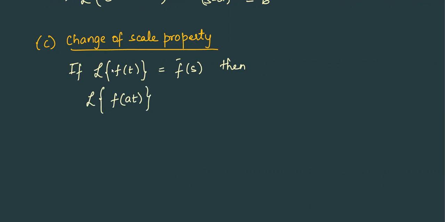Now it is not a multiplication outside, it is a multiplication of the parameter, f of at. Here you will get 1 by a f bar of s by a. So this is called the change of scale property. We can show this by putting at as some x and substituting. It's not a difficult proof.